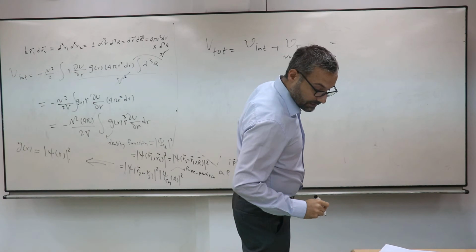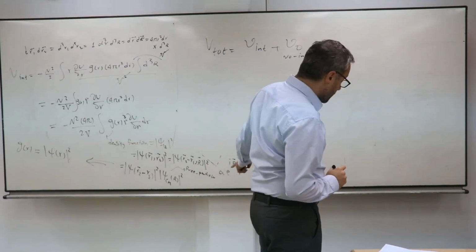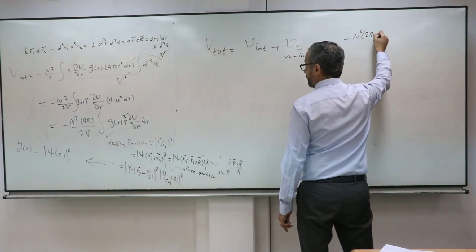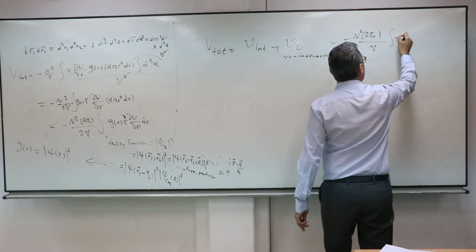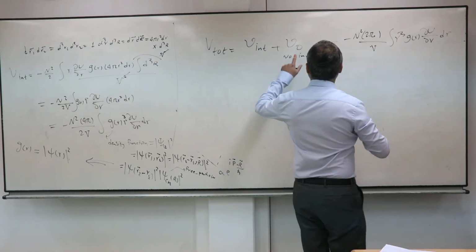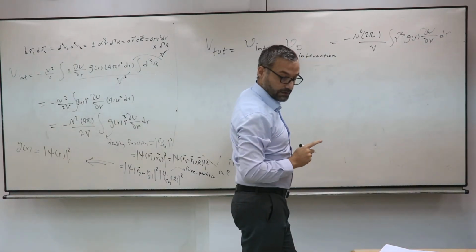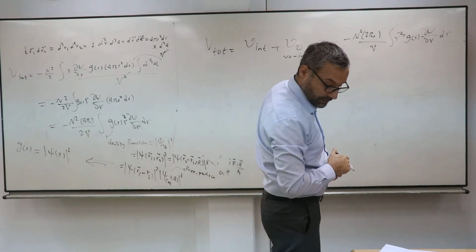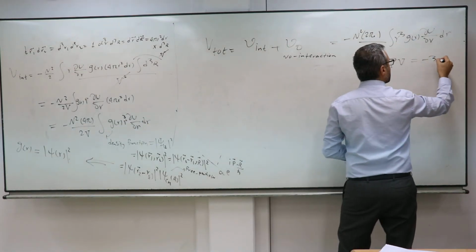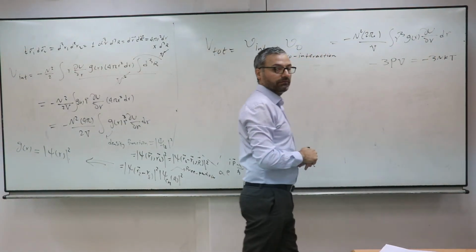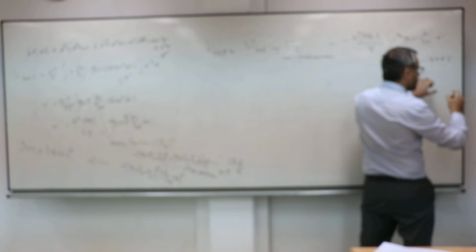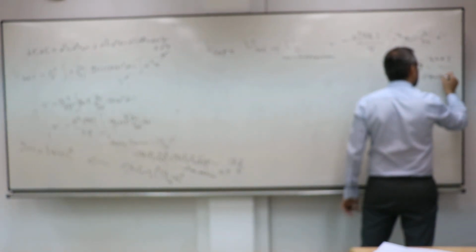The virial for interaction we considered was minus n squared 2 pi V integral r cubed g(r) du over dr. The virial for non-interaction, our first result actually, was minus 3PV, that could be minus 3 N k T. This comes from the equipartition theorem, you remember.